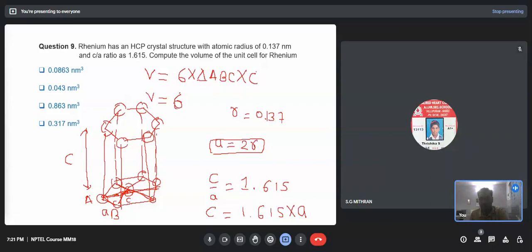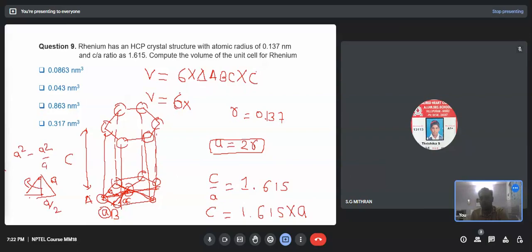Since this value is A, this also will be A, and this also will be A. So the middle value we can calculate again through Pythagoras theorem: root of a square minus a square by 4.